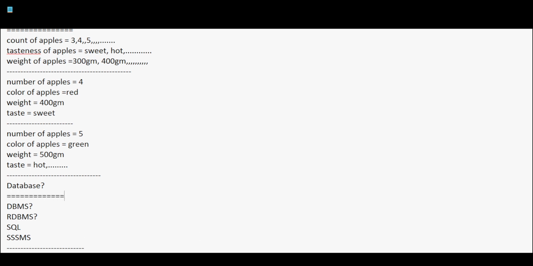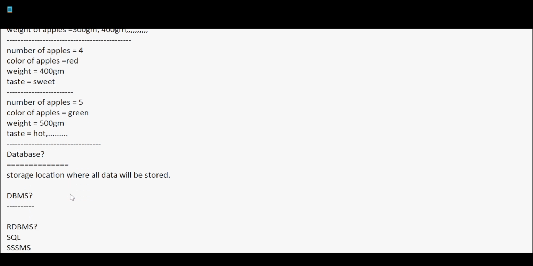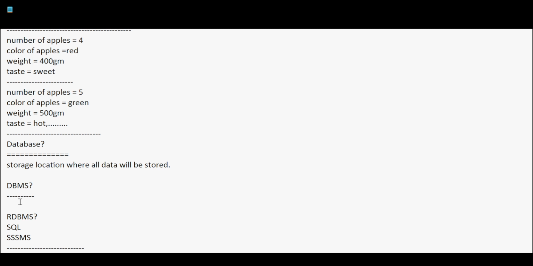What is a database? A database is a storage location where all data will be stored. Now, what is a database management system? It's a software tool that we use to store the data in databases.